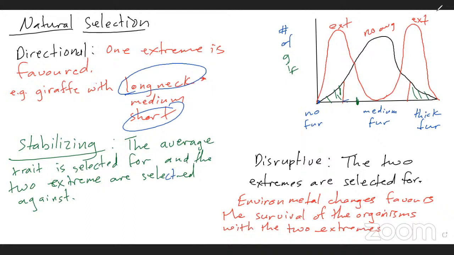Some organisms in a particular species will have favorable traits to survive the environment and also to reproduce. We clear on that?